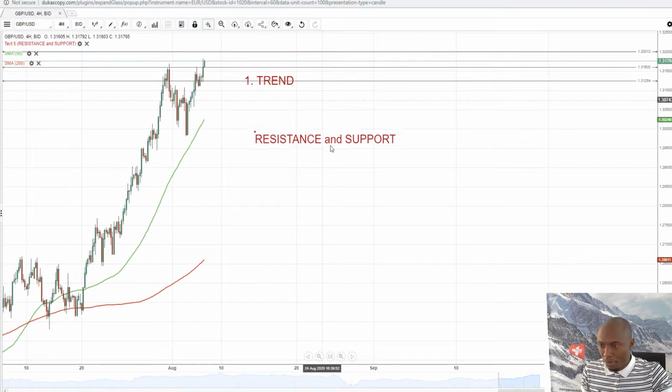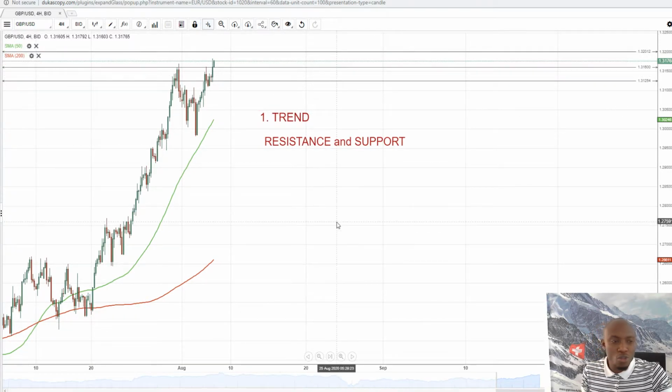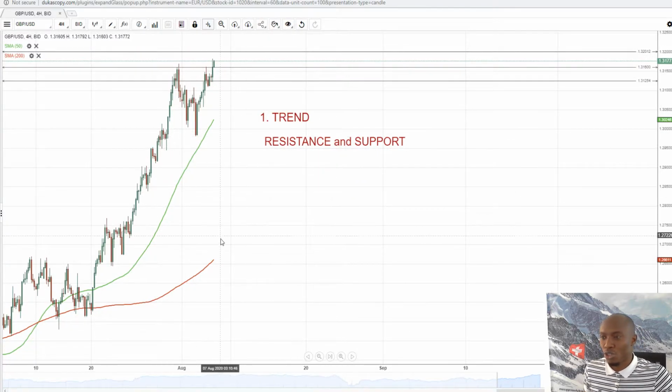The next one, before you take a trade, what you need to look at is the structure. This comes, this is what I said, price action. You need to look at the structure of the market. What is the structure right now?